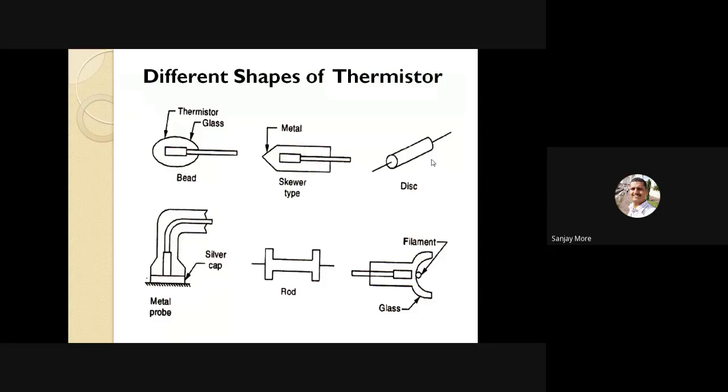So all of you, please draw this diagram of different shapes of thermistors under the heading different shapes of thermistors. Draw these 6 diagrams: bead, skyware type, disc type, metal probe, rod, and glass. These 6 different shapes of thermistors are used to measure the temperature.